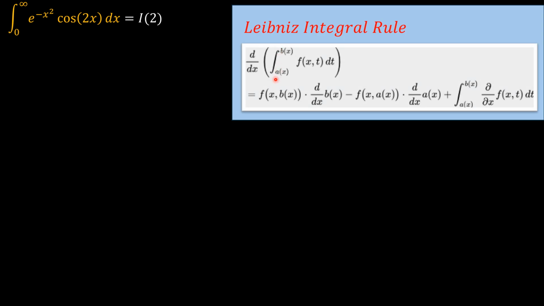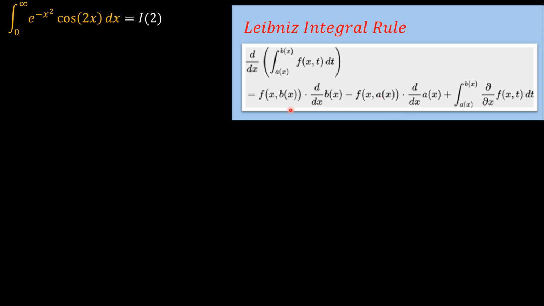It tells us that when you differentiate an integral that has a lower limit a(x) and an upper limit b(x), such that the integrand is f(x, t), and we're integrating with respect to t, and we differentiate with respect to x, then this is what we get.